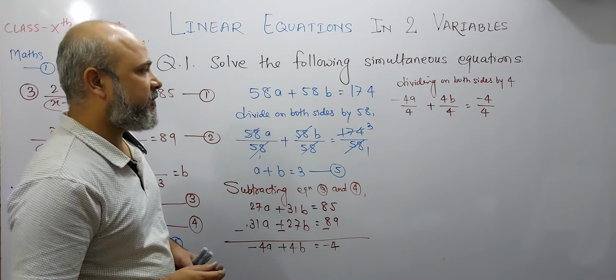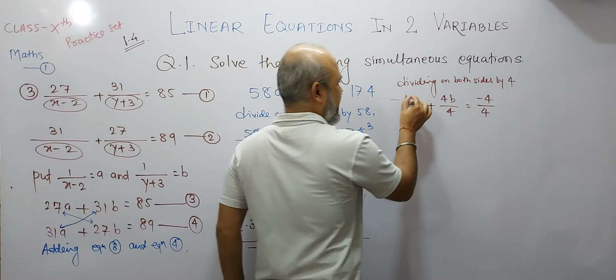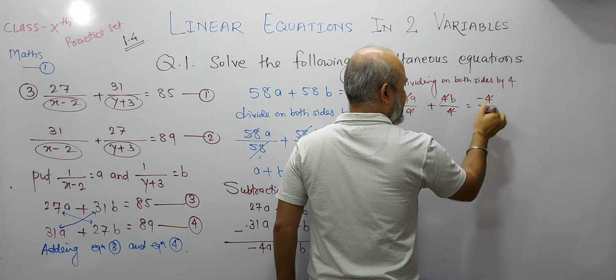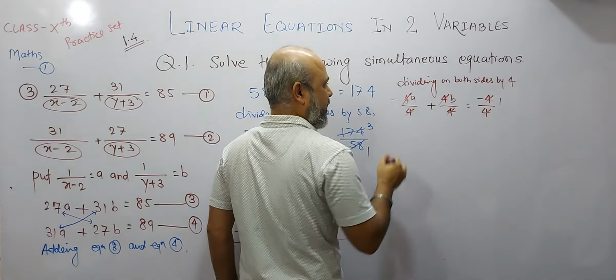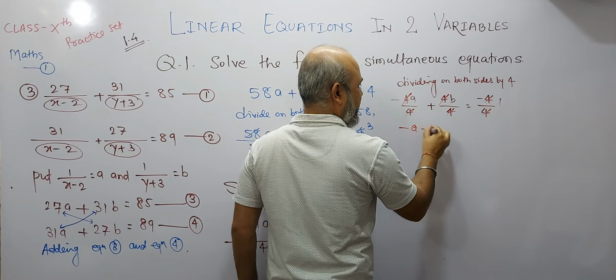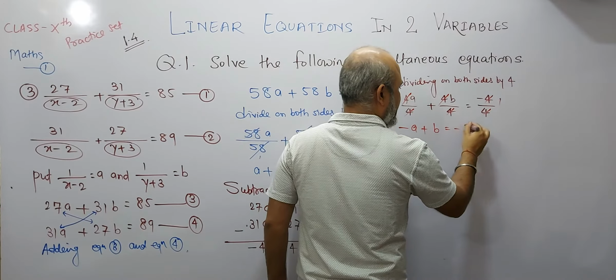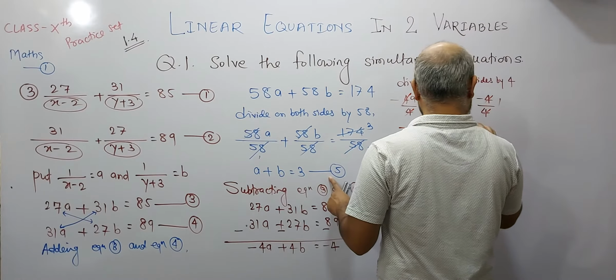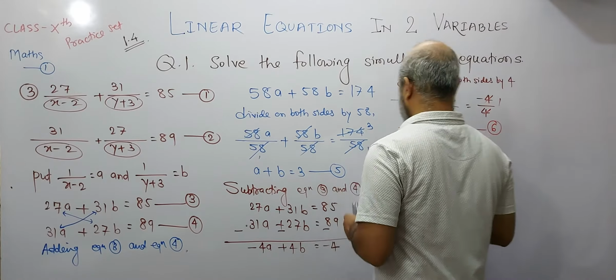Now each term is divisible by 4. So you will cancel out 4 with 4 on each term. Here you will get 1. So this will be minus a plus b is equal to minus 1, and this will be equation number 6. This is equation number 5 and this is equation number 6.